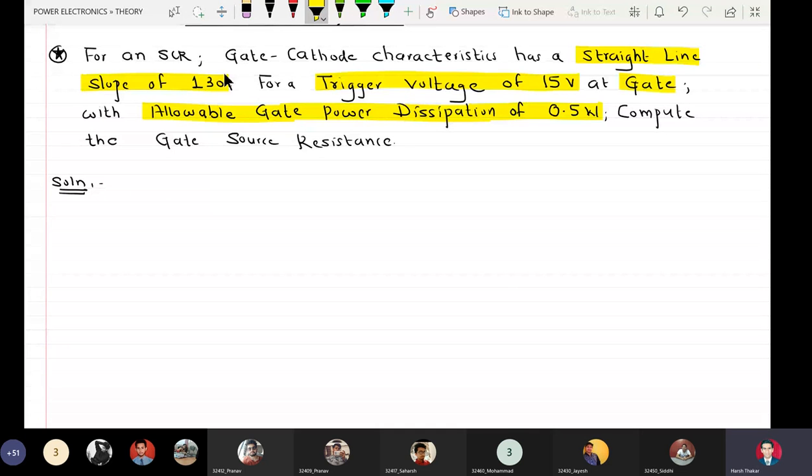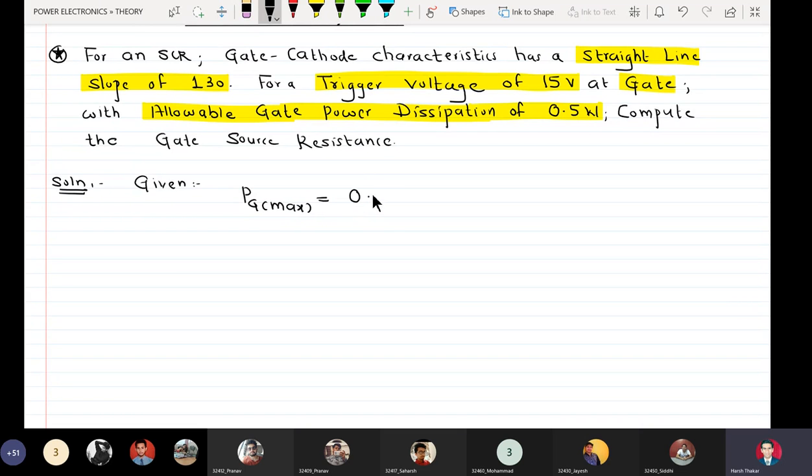Given PG max equal to 0.5 watt, trigger voltage of 15 volt at the gate, so this actually refers to EG equal to 15 volt, and straight line slope of 130.